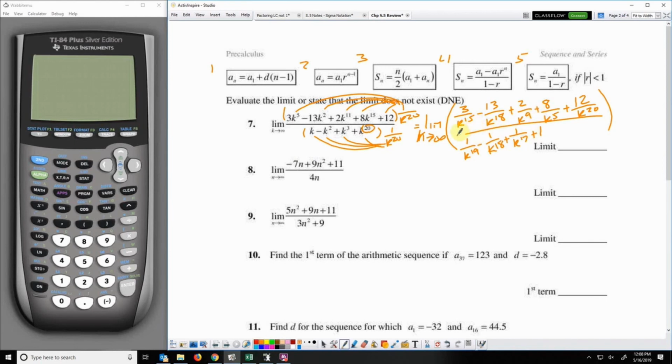So all of these fractions in the numerator and in the denominator approach 0, because k is in the denominator. So I've got 0 minus 0 plus 0 plus, and this one doesn't change with k, so plus 1. 0 over 1 is 0. The limit is 0.